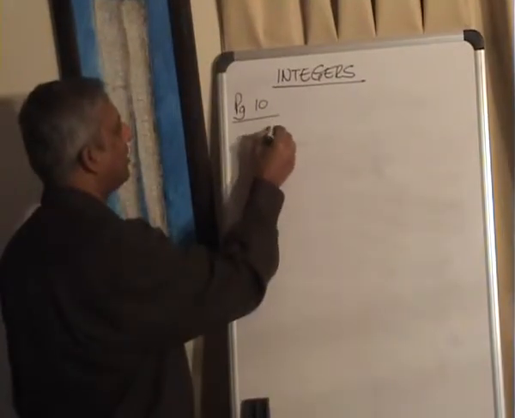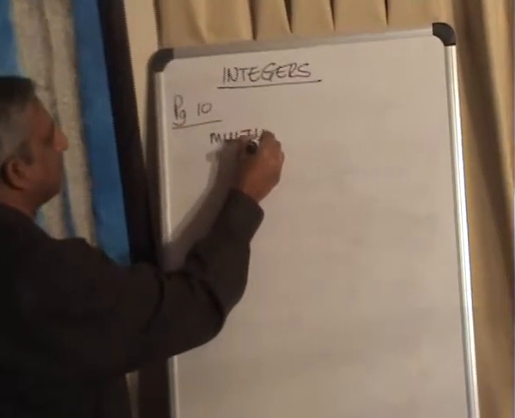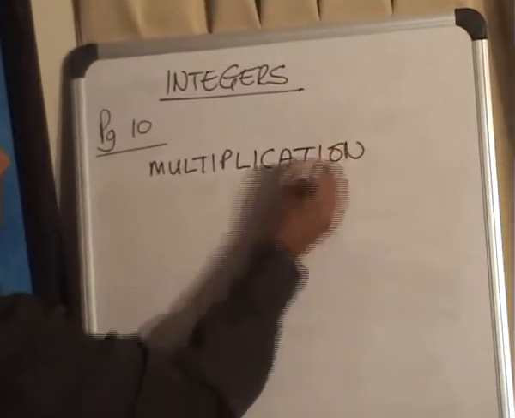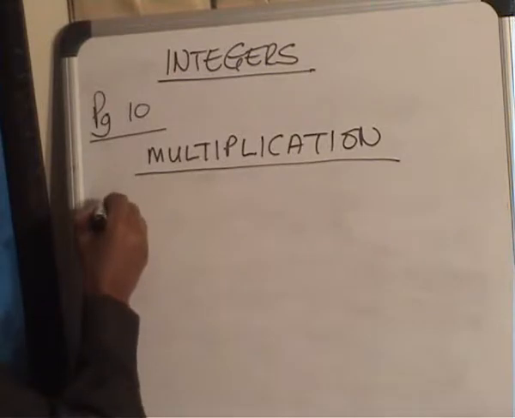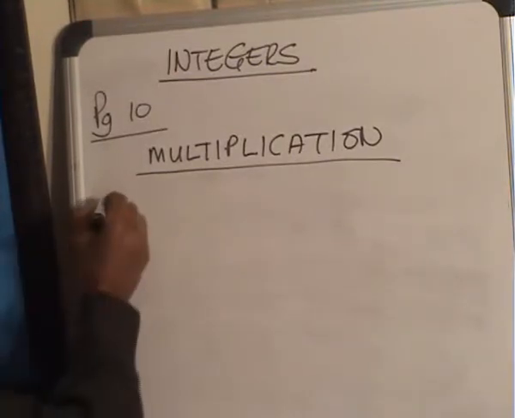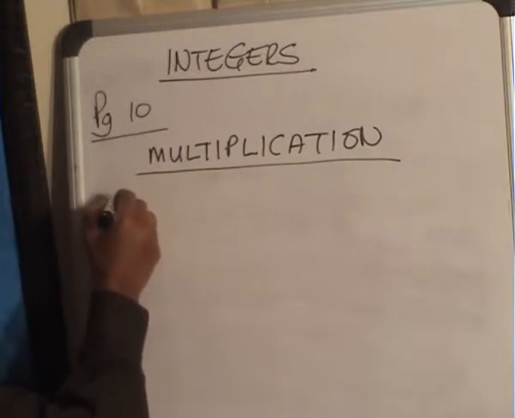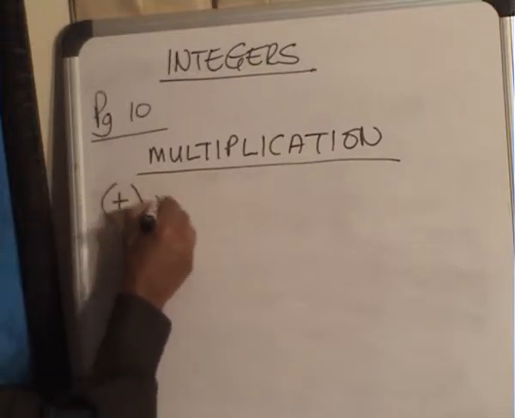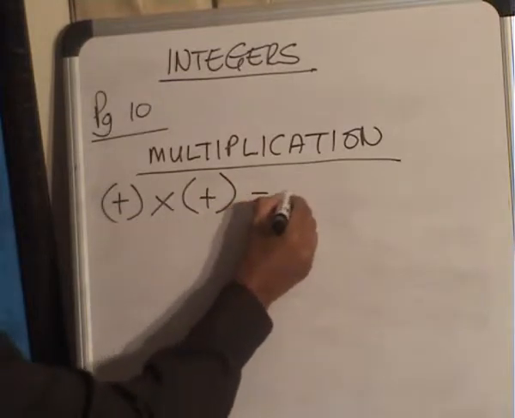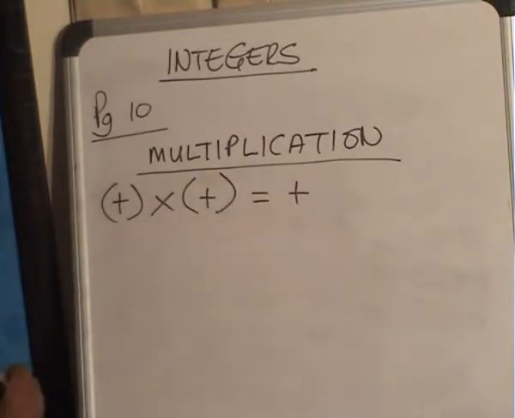So I will first do multiplication. Now with multiplication, there are 4 possibilities. You can have a positive number times a positive number, and that answer will be a positive answer.